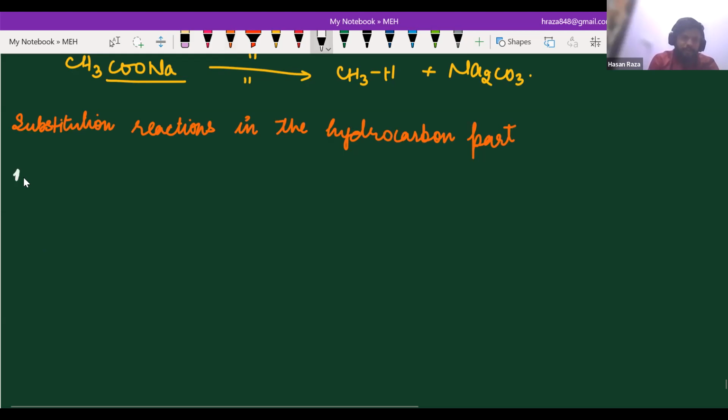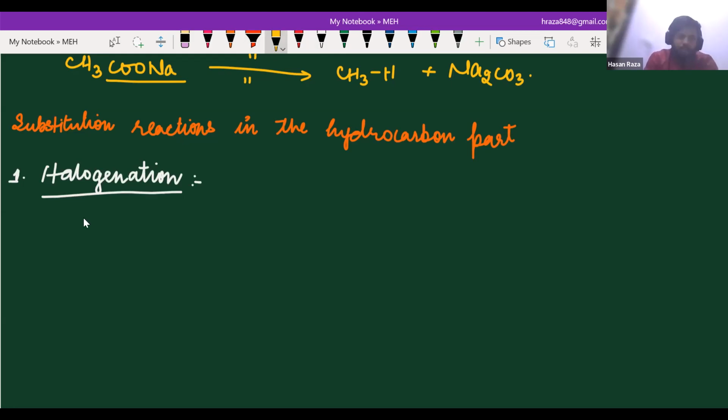So in this, we have the first, that is halogenation, and this reaction is very important and it is also called a name reaction. The name of the reaction is Hell-Volhard-Zelinsky reaction. So I'm going to write a point about this. Please do write with me.